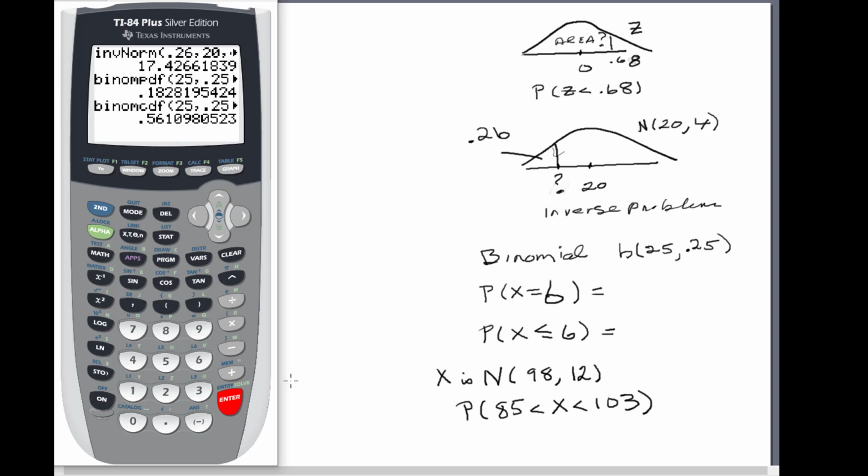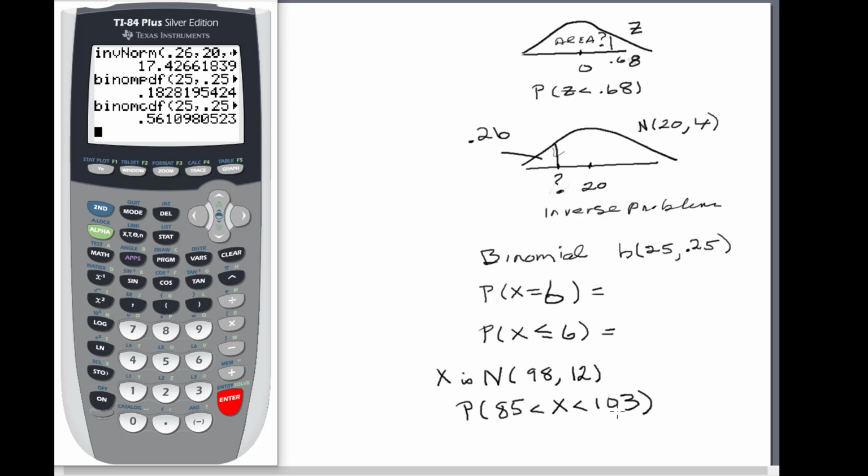Now the last thing I want to do in this video is just to look at a normal distribution again. And let's suppose this is a normal with a mean of 98 and a standard deviation of 12. And suppose our question is, what's the probability that the random variable from this distribution is between 85 and 103?